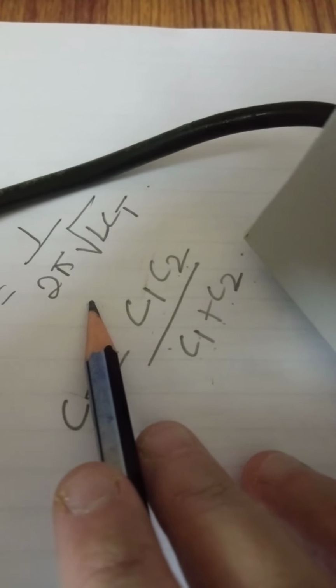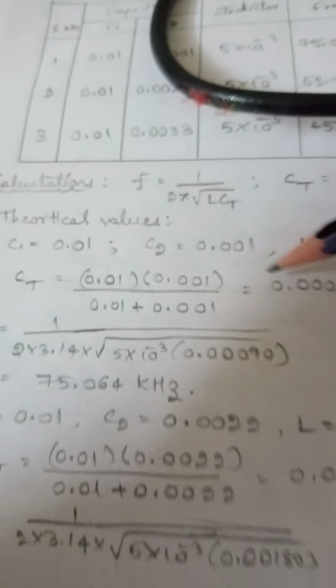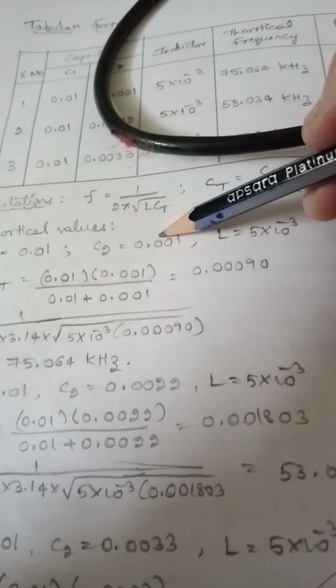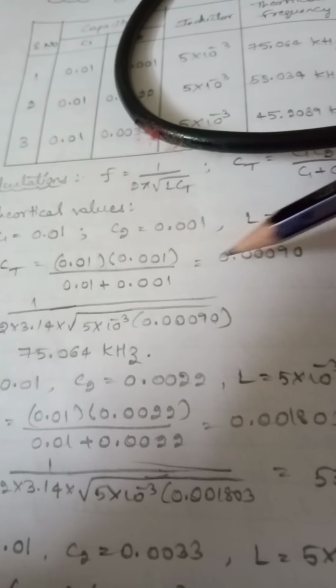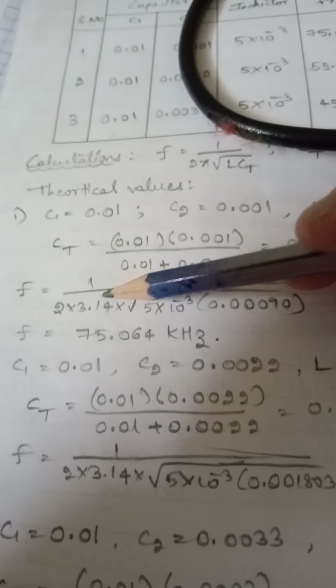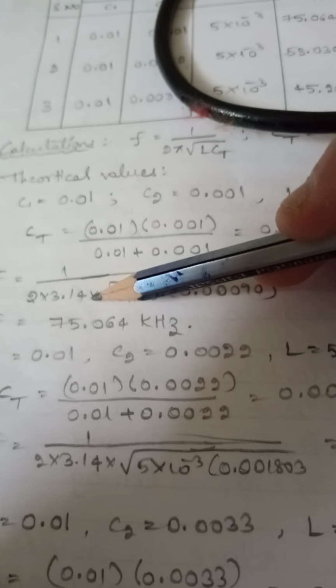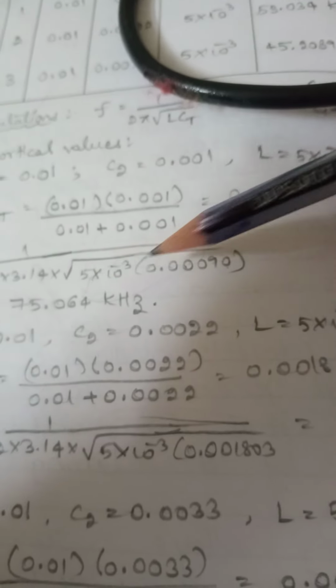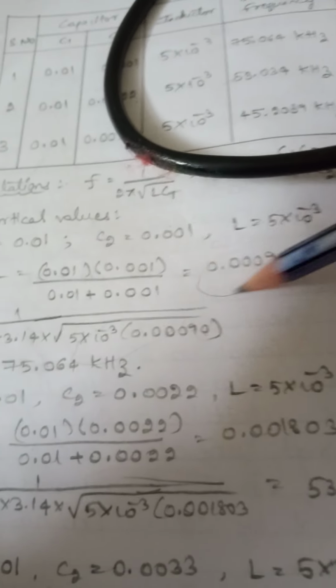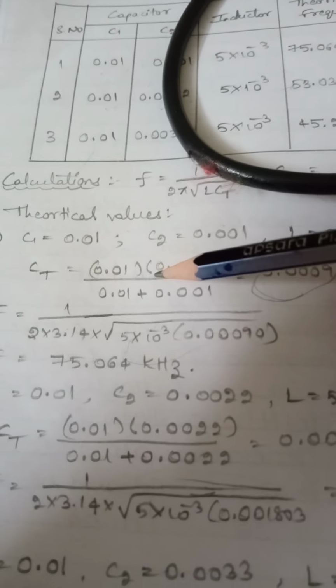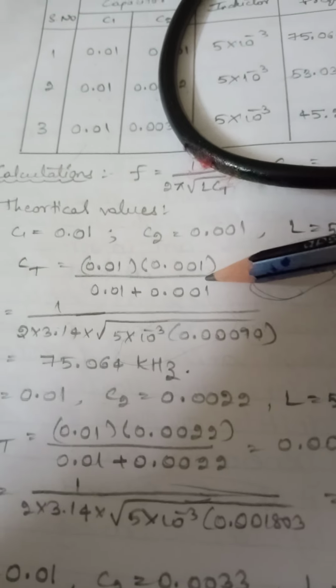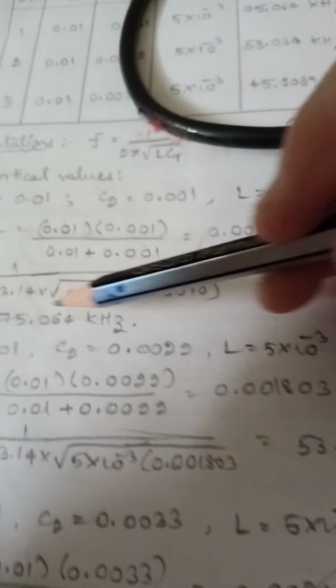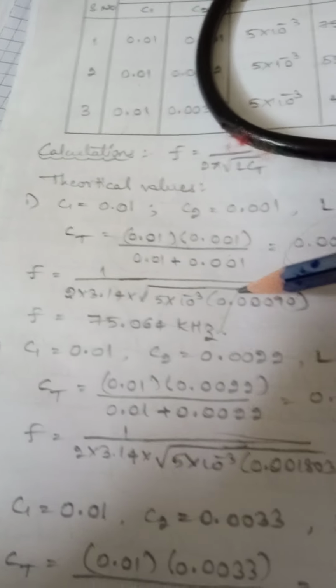I have substituted the values of C1, C2 and the inductor. In the formula, 2 pi is 2 into 3.14, the root of the inductor times the total capacitance, which we got by using the formula C1 into C2 by C1 plus C2 for both capacitors. Then we get the theoretical frequency.